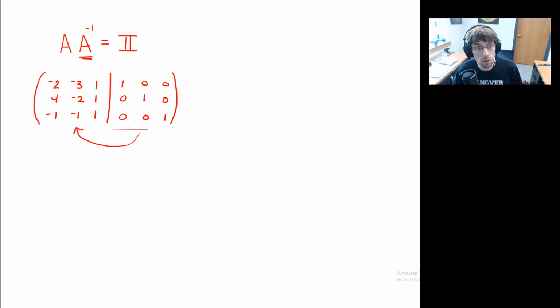In other words, I want to perform row operations such that I end up with the identity matrix on the left-hand side of this expression.